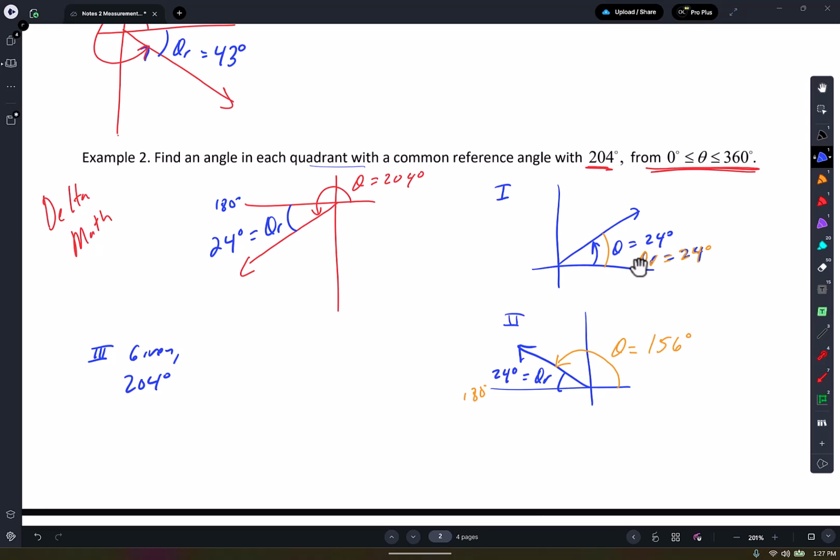And in quadrant 4, exaggerate quadrant 4, here is 24 degrees. And here we go. Bam. So 360 minus 24. Is it 336? There you go. How do we feel, guys?